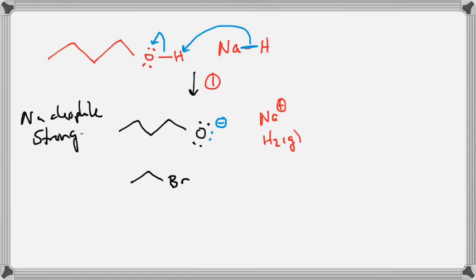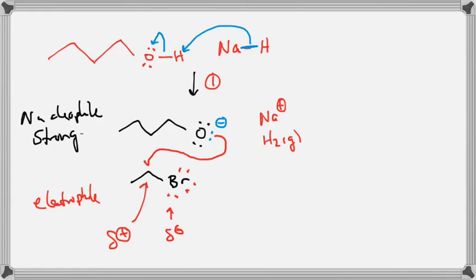When we take a look at ethyl bromide, that's a bit interesting because the bromine has all those nice little electrons, and is partially negative because it's electronegative, which means it's taking electrons away from our carbon, so our carbon is partially positive, so we now have an electrophile. Our electrons from our nucleophile can come in and attack.